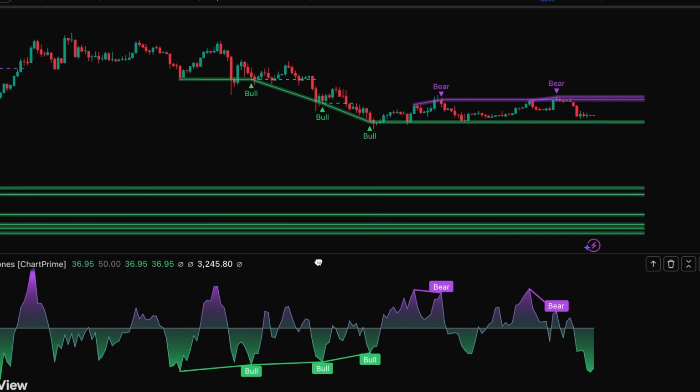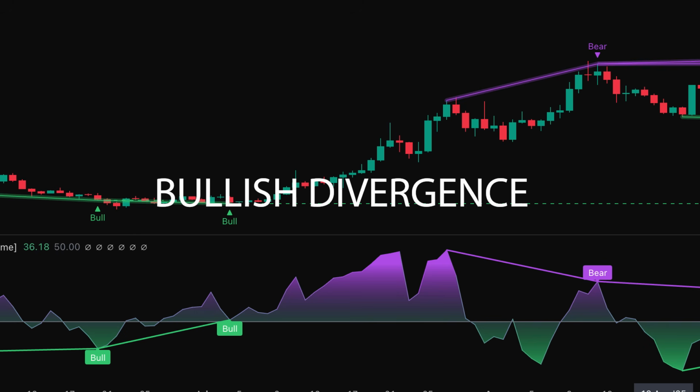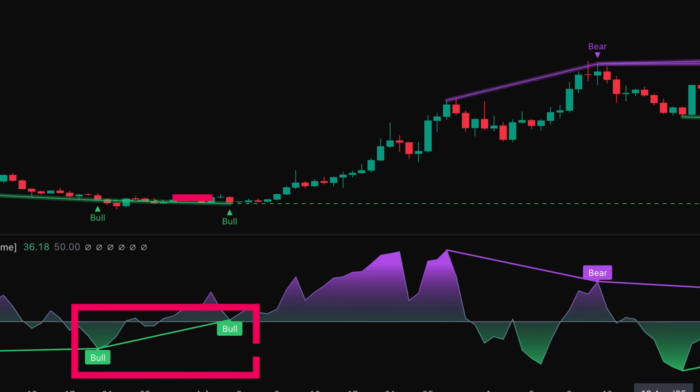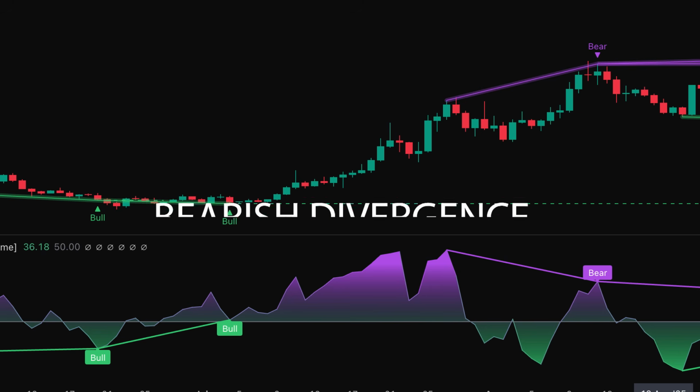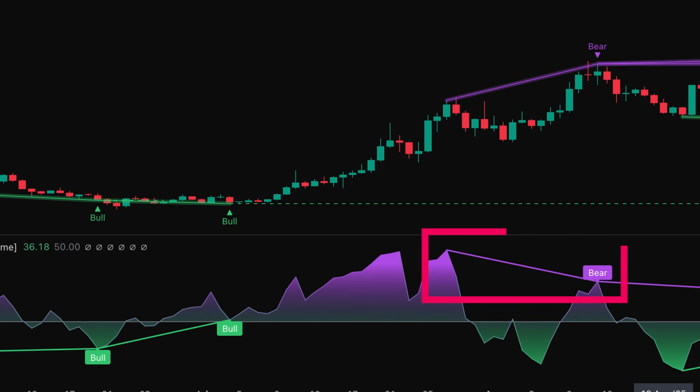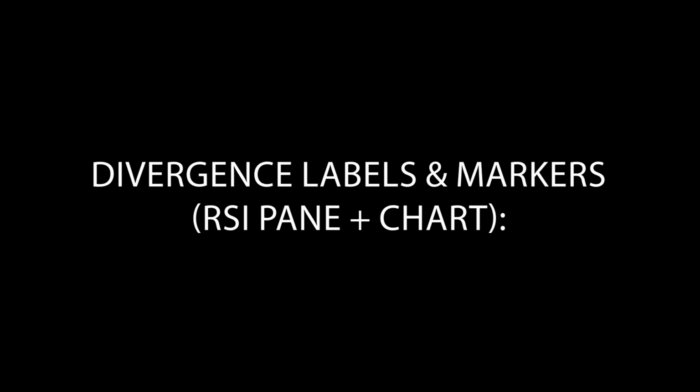When enabled, the indicator continuously scans for bullish divergence: price makes a lower low, while RSI forms a higher low. Bearish divergence: price makes a higher high, while RSI forms a lower high. Divergence labels and markers. RSI pane plus chart.